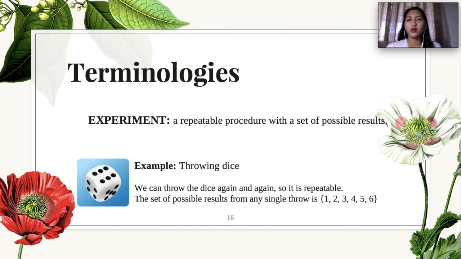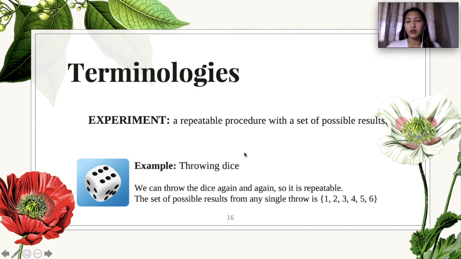The first terminology is the word experiment. An experiment is a repeatable procedure with a set of possible results. It is a procedure which you can repeat several times, and the result would be several possible results.